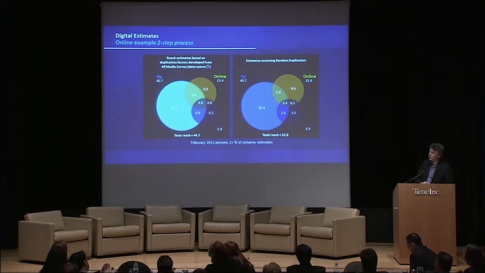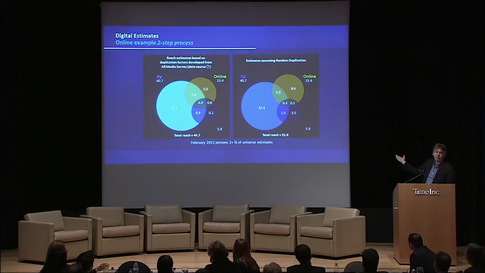And now finally reach estimation, using the duplication factors developed from the All Media Survey, data source 7. What I've shown you here is, on the right-hand side, what you would have to do if you didn't do this work. You would have to use random duplication. And if you were to use random duplication, CNN actually might quite like that because it suggests they have 53% reach among 18 pluses.